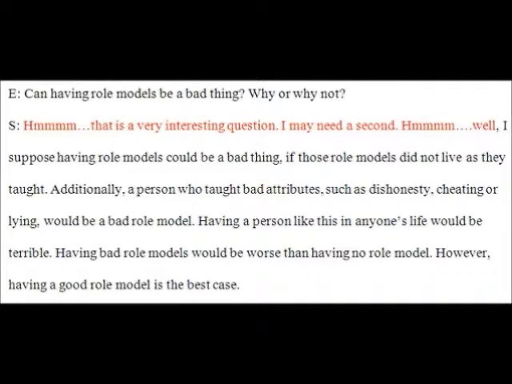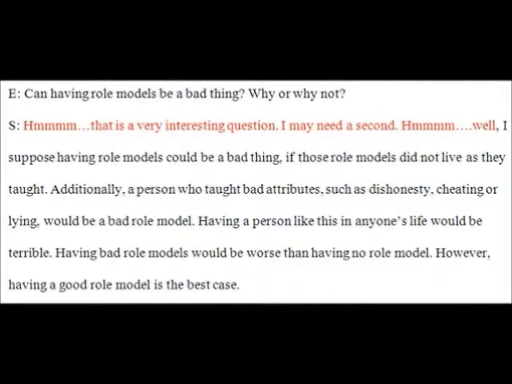The main responsibility a role model has, in my opinion, is to live in a positive way which reflects their beliefs. For example, a role model who teaches honesty and kindness must be honest and kind in their everyday life. It is not enough for a role model to say things, he must do them as well.